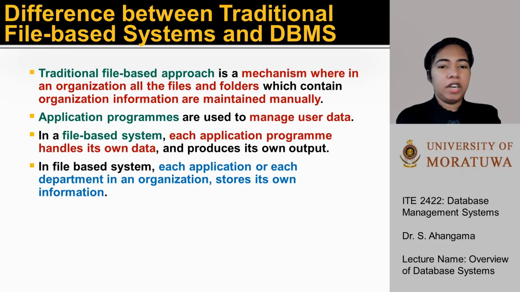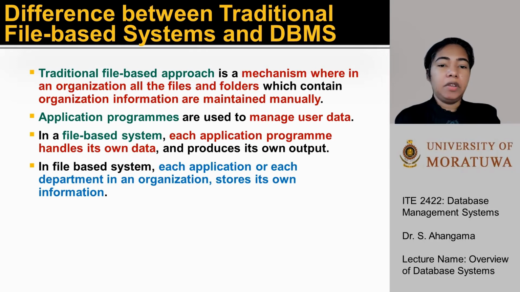Difference between traditional file-based systems and DBMS. The traditional file-based approach is a mechanism wherein an organization allows all the files and folders which contain organization information to be maintained manually.